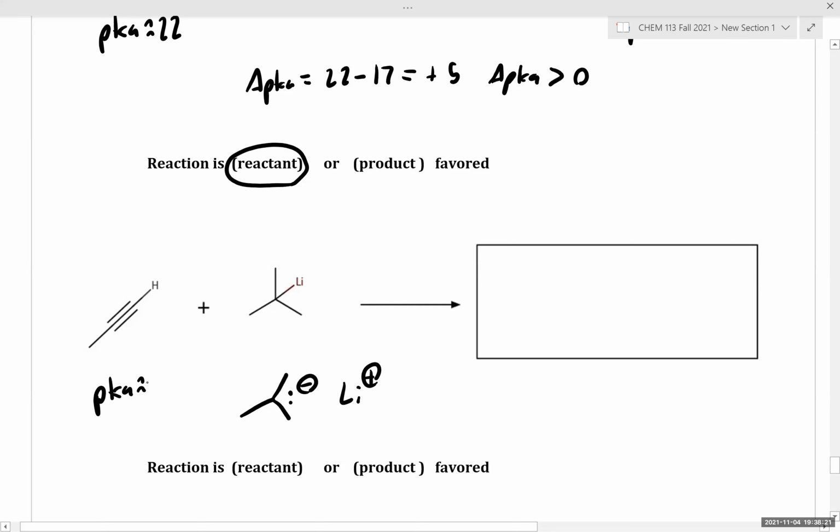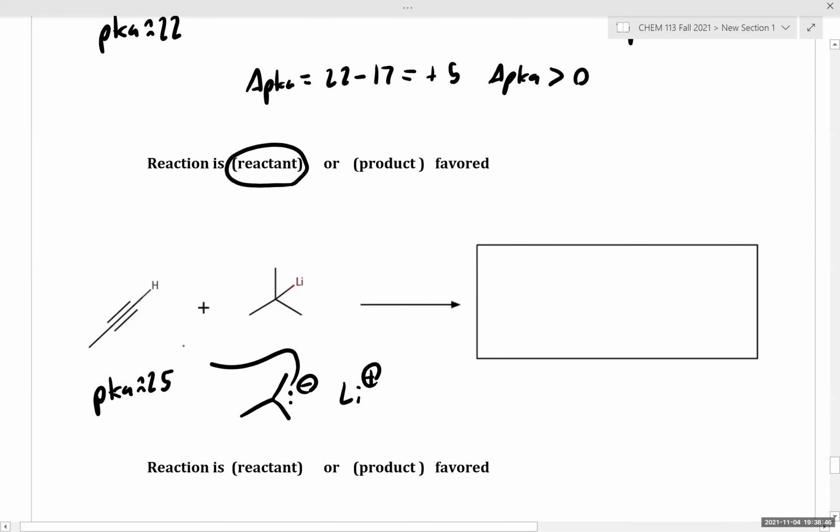What is the pKa of this acetylene derivative? What is the pKa of this alkyne proton? What do we think? What is the pKa of an alkyne proton, roughly? It's about 25.